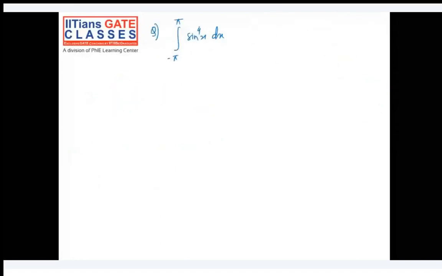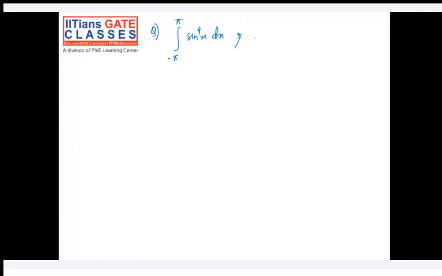In this case, sine is an odd function, but an even power of an odd function turns out to be even, so it's an even function. So you can write this as 2 times integration 0 to pi sin raised to the power 4x dx. Can you write it like this? Because it is an even function.